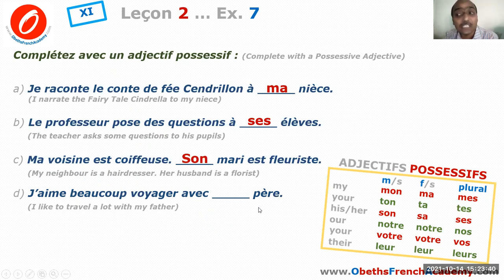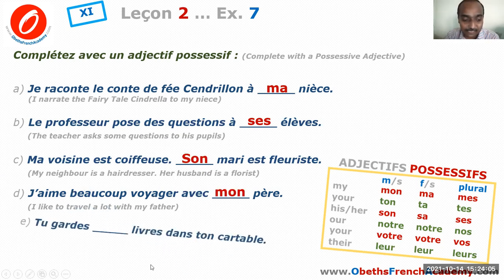No, the translation is father. It might end with an E, but the translation is father, so it's a masculine singular noun. So when the subject is I, we need to take my. Père is a masculine singular noun, so we need to use MON. Mon père. J'aime beaucoup voyager avec mon père.